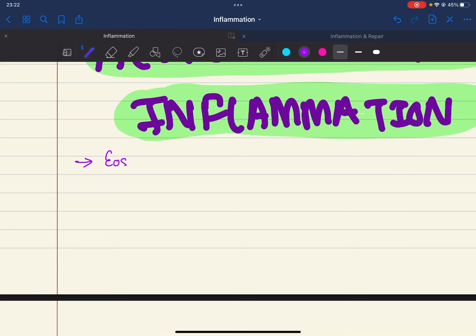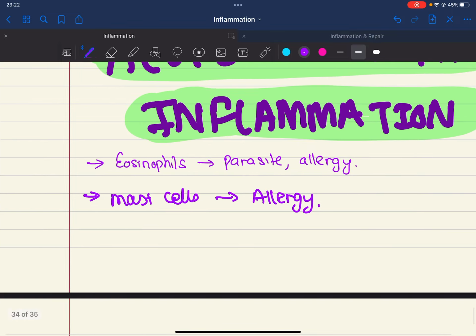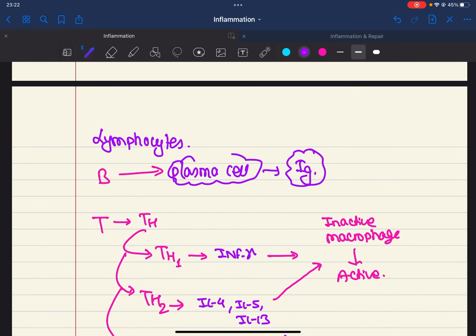They are eosinophils in parasitic infection and allergy. There might be many other cells like mast cells that also help in allergy, and also the plasma cells which I have mentioned here.